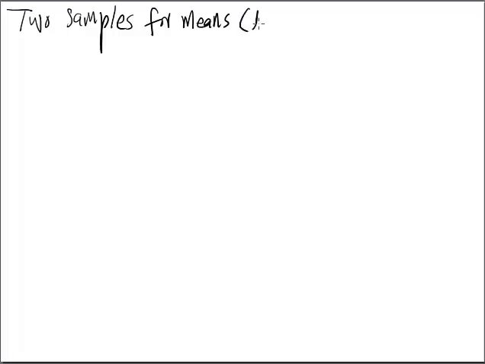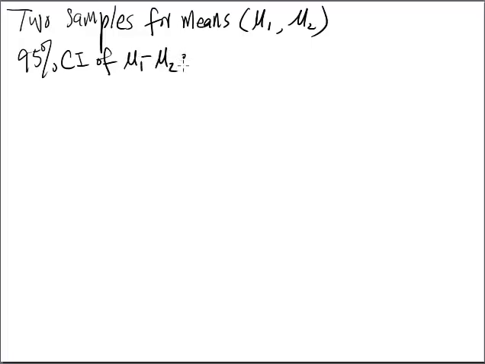Two sample for means. Okay, mu1, mu2. So you can find the 95% confidence interval of mu1 minus mu2, which is just x1 bar minus x2 bar plus or minus t star.